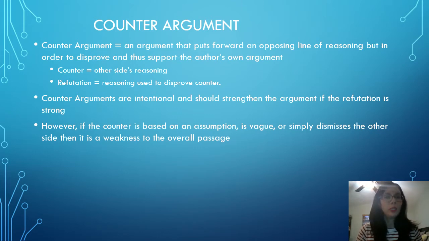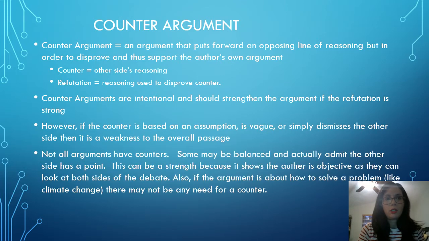They don't even really try to refute it. They may attack the other side and say the other side has no idea what they're talking about. They're stupid. They're unpatriotic to think that way. But they don't actually give a concrete evidence, example, or premise as to why that side is wrong. So in that case, the refutation ended up weakening the author's argument.